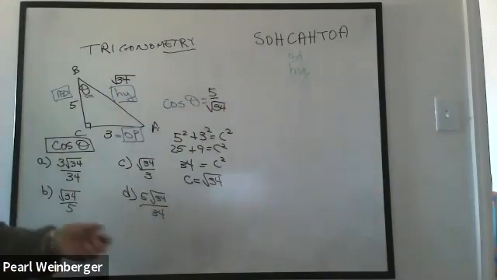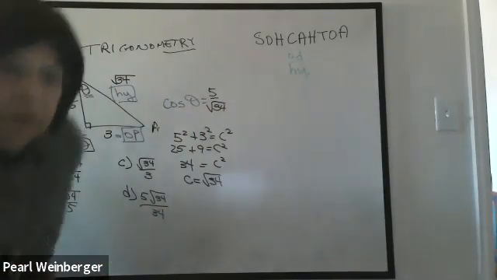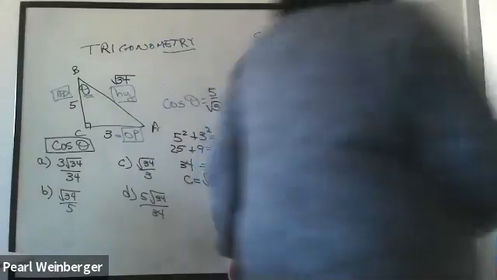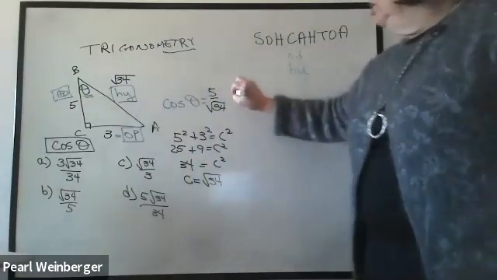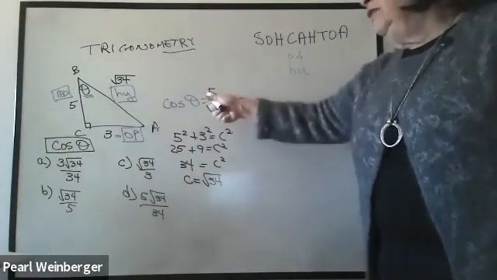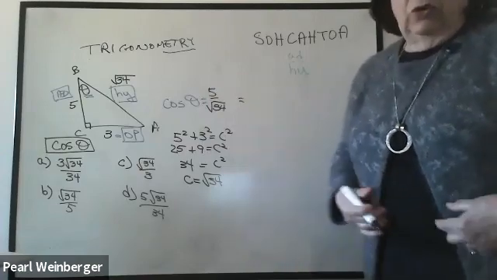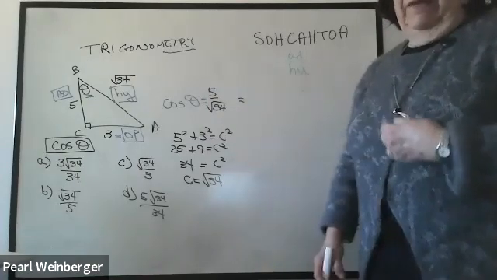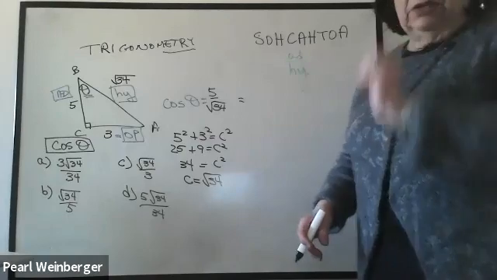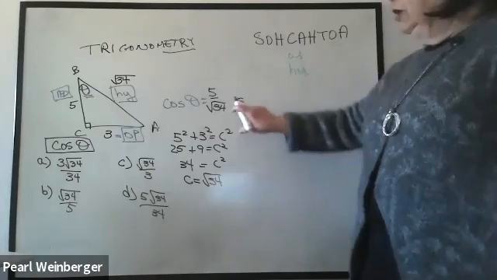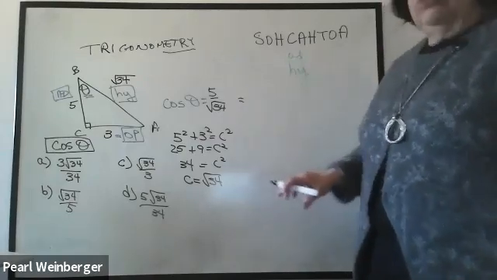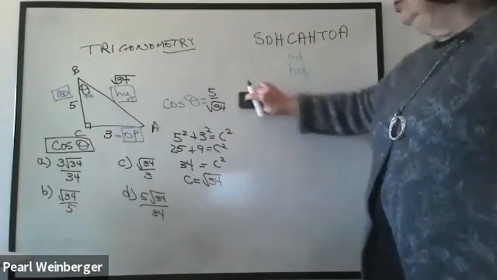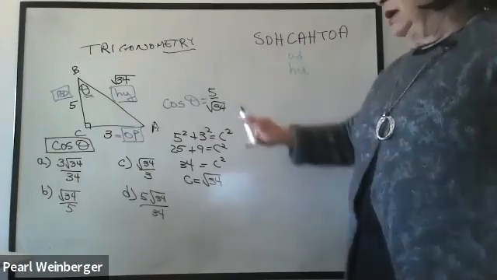Now, 34 is not a perfect square. It's an irrational number. So we could leave our answer like this, or if they asked us to rationalize the denominator, if you recall, I told you that really when you have an answer, you really shouldn't leave a radical in the denominator.